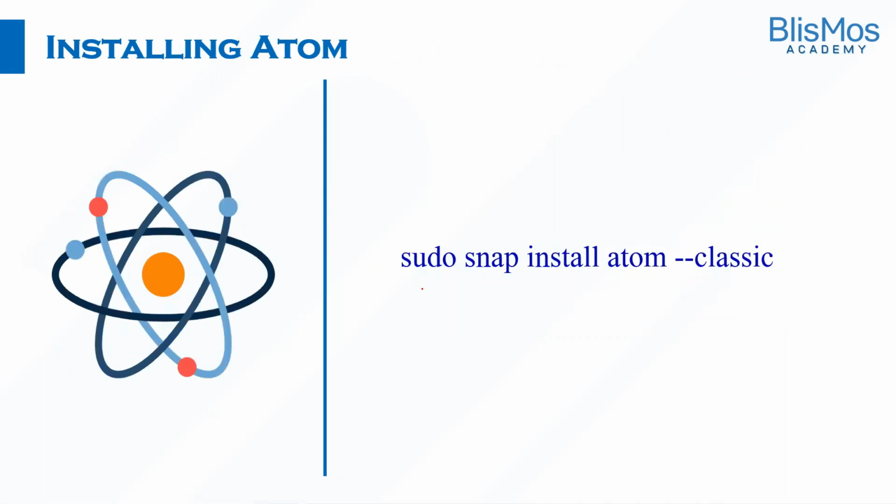Atom is one of the popular text editors existing currently in the industry. There are many other text editors like Sublime Text, Notepad++ and other text pads. But as I said, we are going to use Atom as a part of our practice in this course.